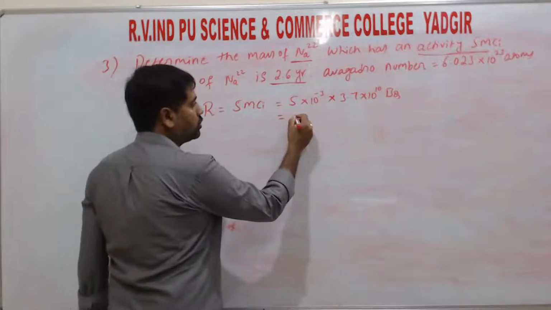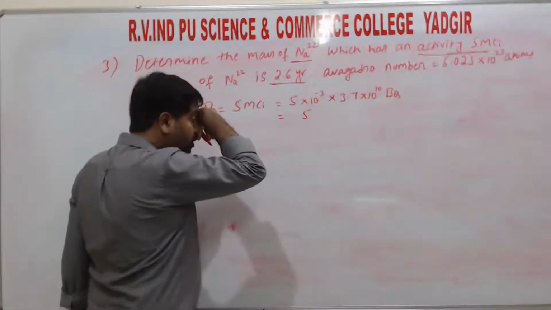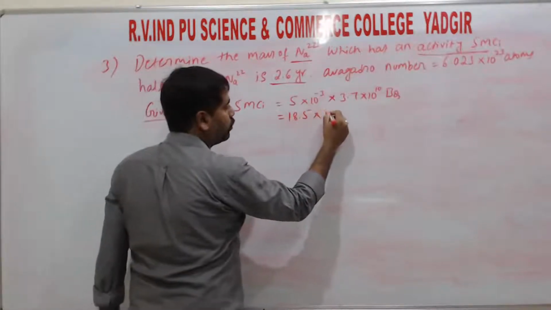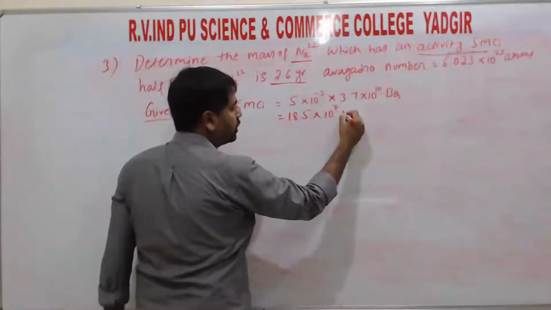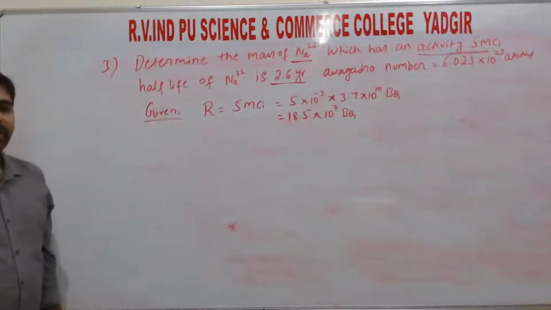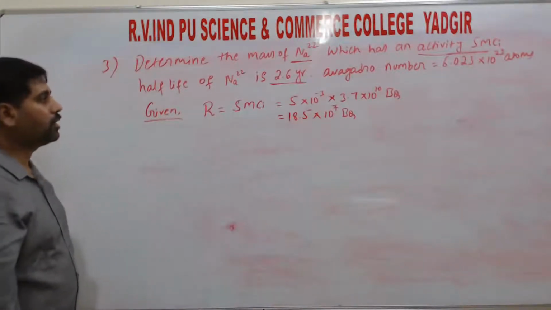So this is equal to 5 sevens are 35, 15 plus 3, 18.5 into 10 to the power of minus 3 plus 10, that is plus 7 becquerel. So the activity R value is 18.5 into 10 to the power of 7 becquerel.